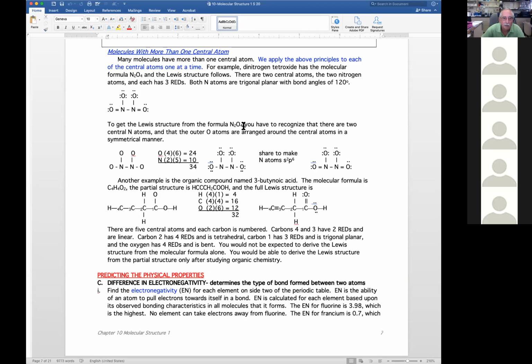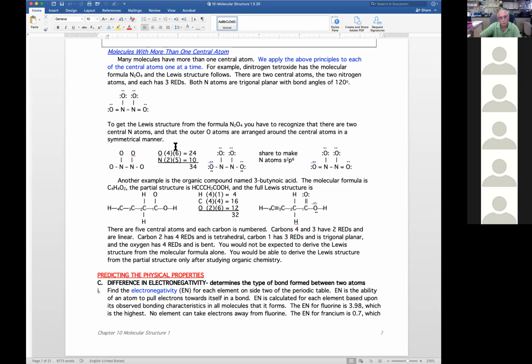So you have to recognize that there are two central atoms and they're nitrogen. Then the oxygens are going to be outer atoms. So it's just another thing you have to remember. But if I make nitrogen two central atoms, I put the oxygens around it in a symmetrical way. So that's what I would predict.